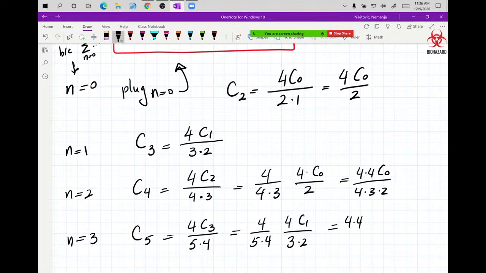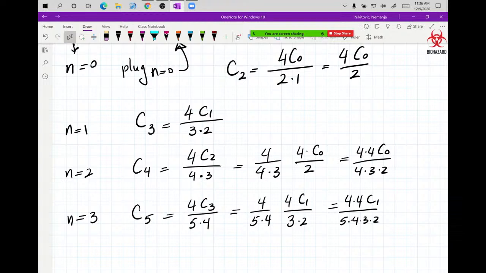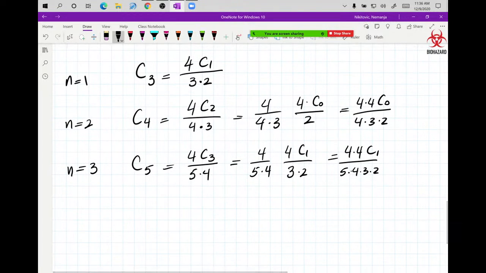Ooh, 4 times 4C1, divided by what appears to be 5 factorial, if I don't cancel anything. Obviously, if you cancel 4 and 4, you are ruining that 5 factorial on the bottom, and such is life after that point.